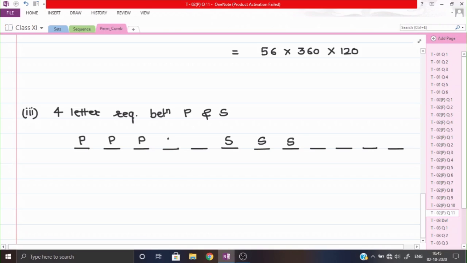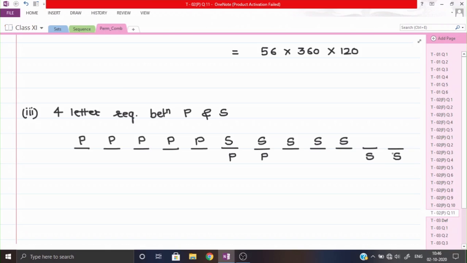Similarly P at the fourth place, then S here. P at place number 5, then S here. P at the 6th place, then S at this place. Again P at the 7th place, then S will be at the 8th, that last place. So this is the one arrangement that can be done.